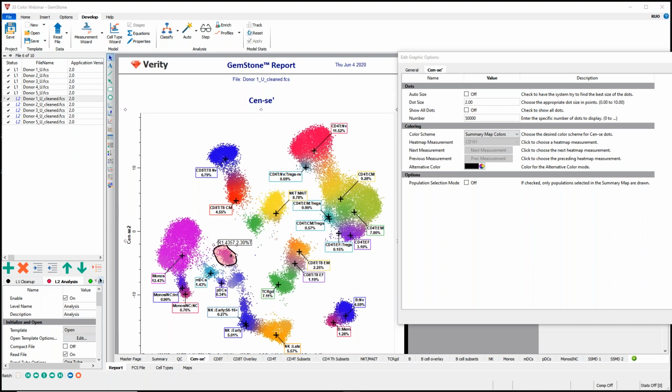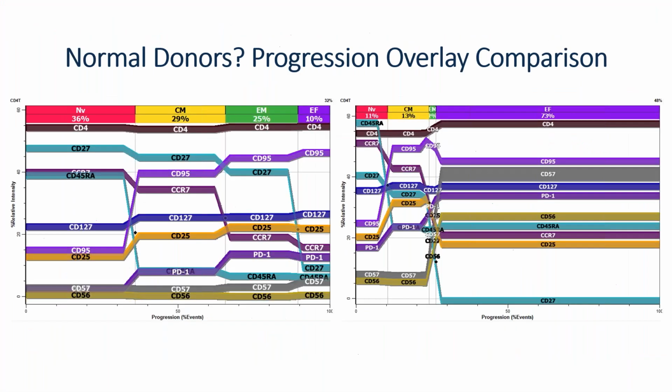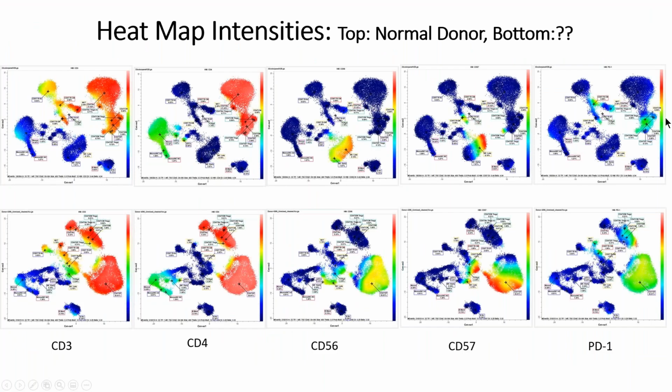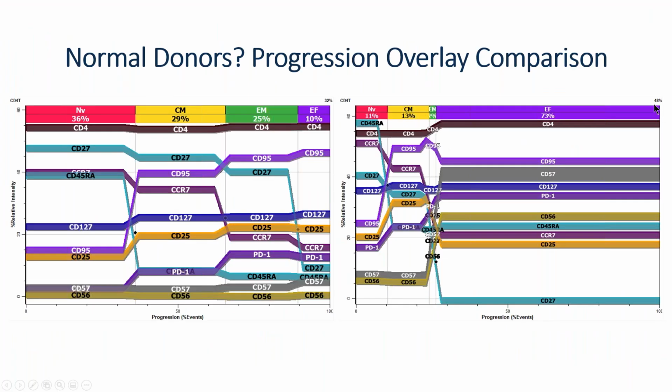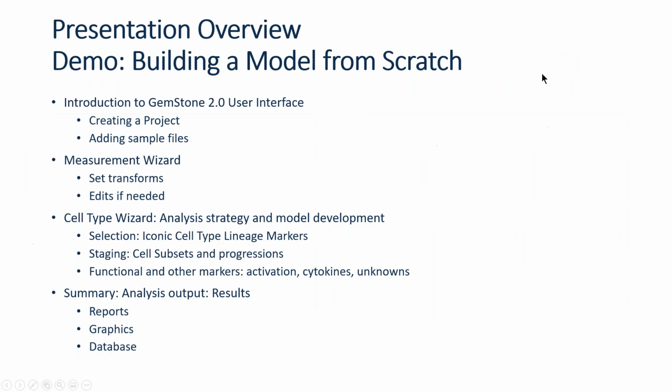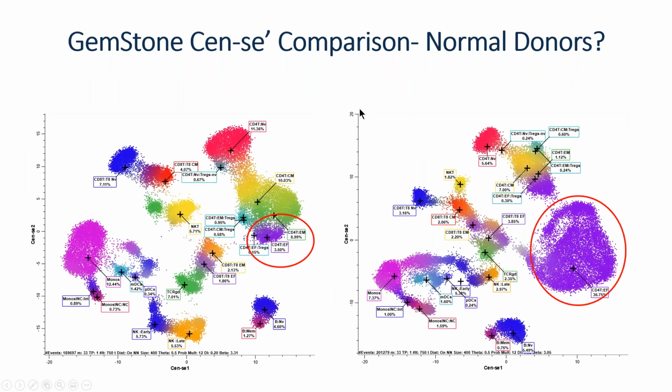I'm going to come back here to my PowerPoint. Okay, from this slide. Sorry, I get a little bit of a lag here. Okay, this is the Sensei graph, which is looking at two of these donors.